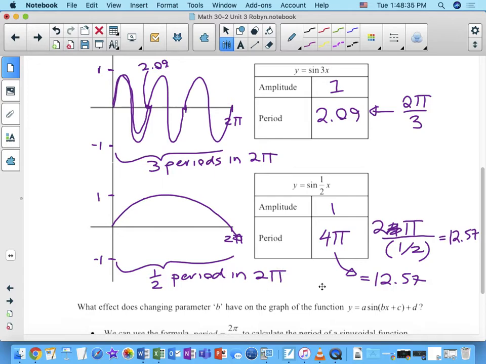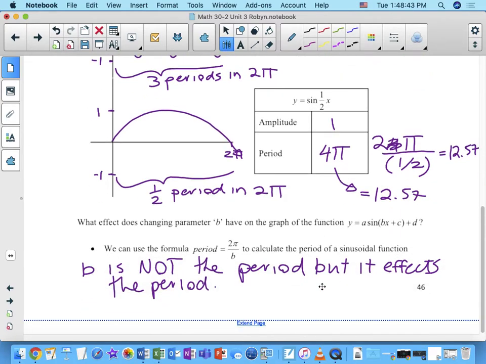The period was 2 pi divided by 1/2. Okay, so the b value is not the same as the period, but it is related to the period. Period equals 2 pi divided by b. Okay, this is on your formula sheet.